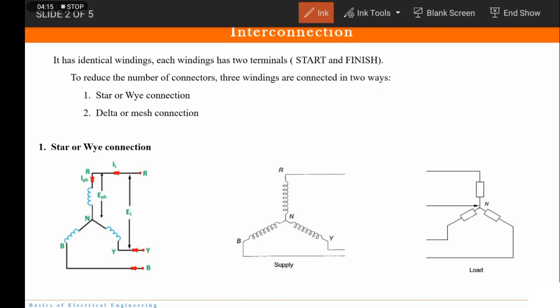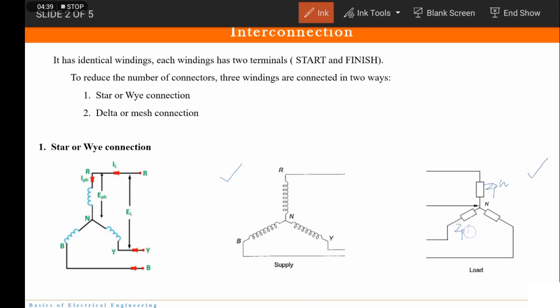Fine. Now what we are going to do is, see, here is our load and here is our supply. Now the load is also connected in star fashion or Y connection. So here we have three loads and say these are connected at phases. So this is called the phase load.